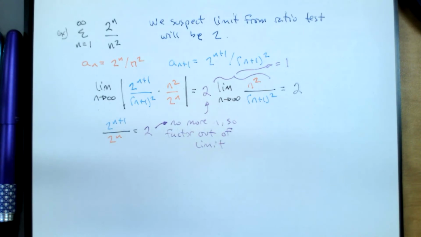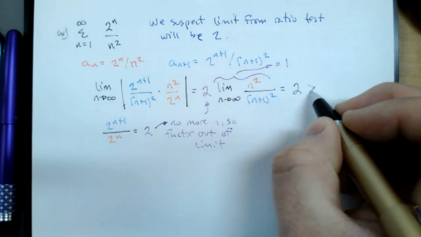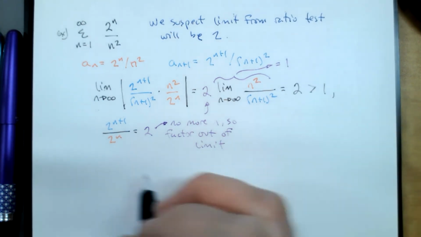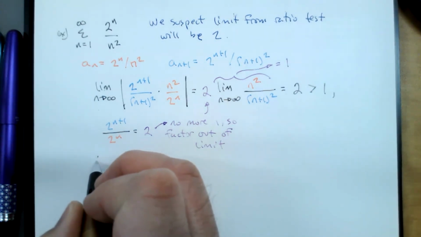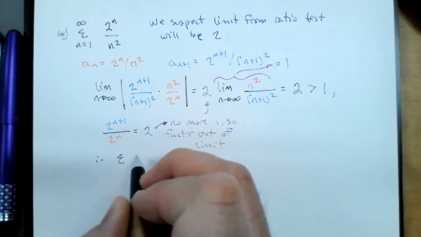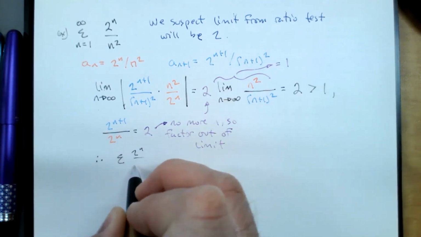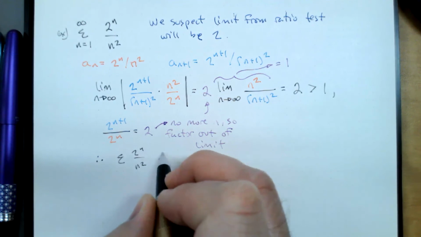So the limit from the ratio test is equal to 2, just as we had suspected. And 2 is greater than 1. So therefore, the series 2 to the n over n squared diverges.